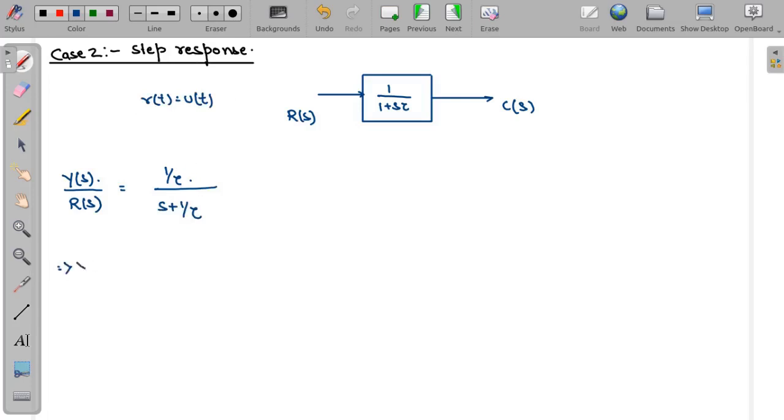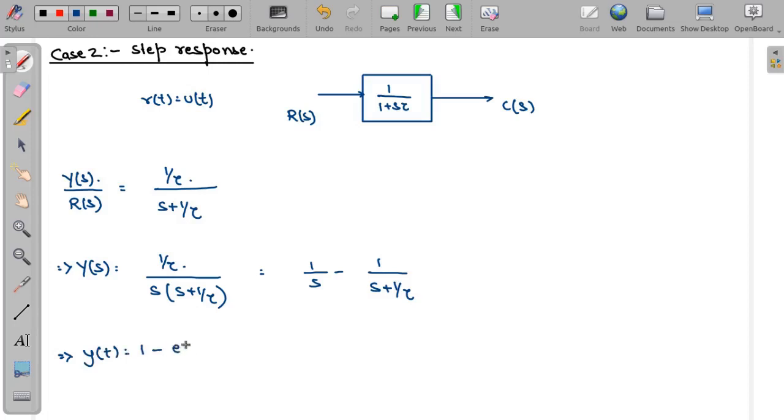So Y(s) is equal to 1 by tau over s plus 1 by tau, times 1 by s. If you take the inverse Laplace transform, you can use partial fractions: 1 by s minus 1 by s plus 1 by tau. So y(t) will be equal to 1 minus e to the power minus t by tau, u(t).